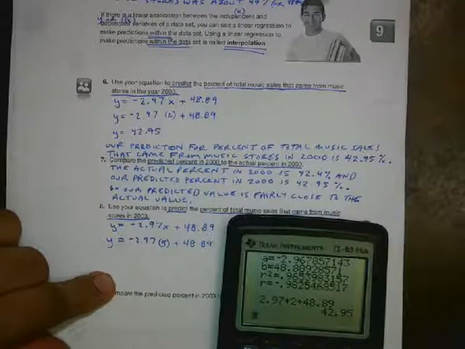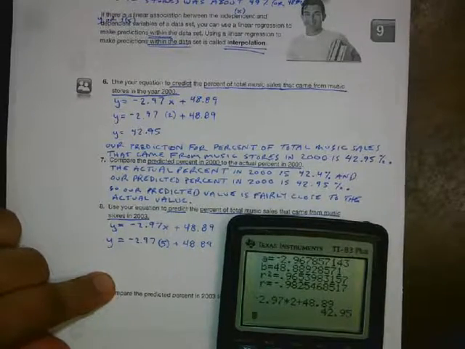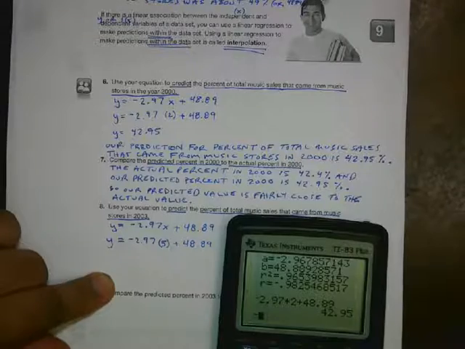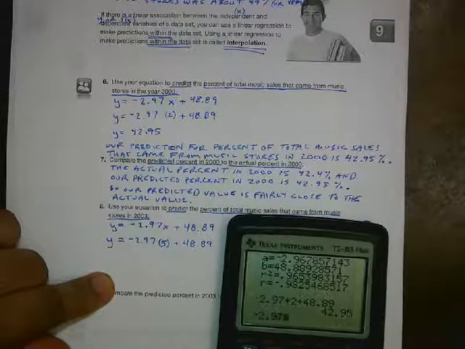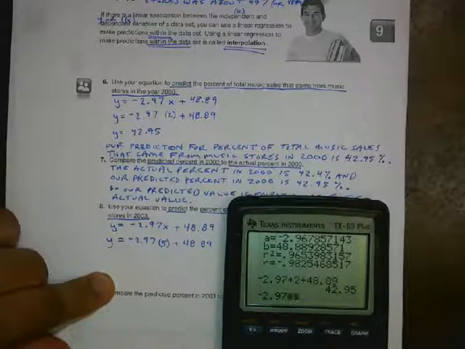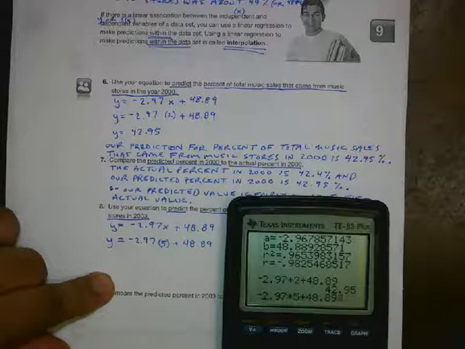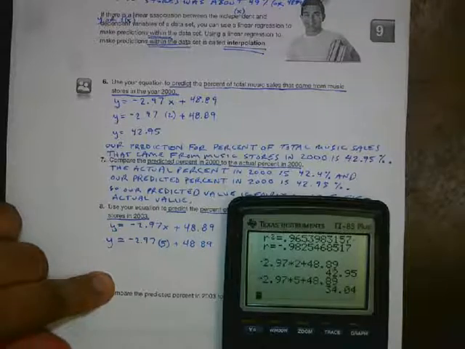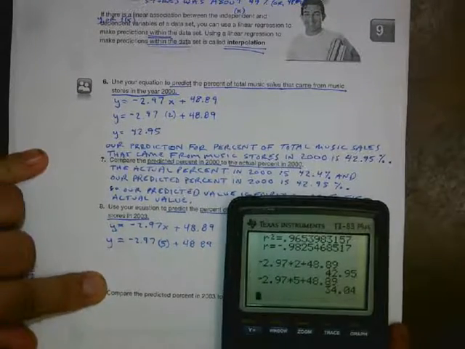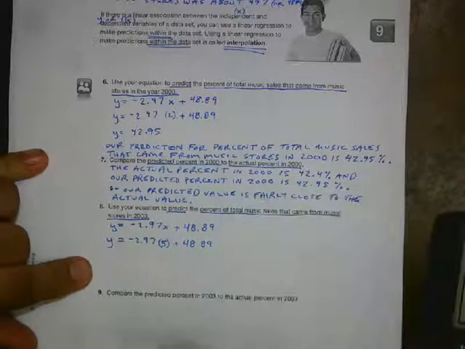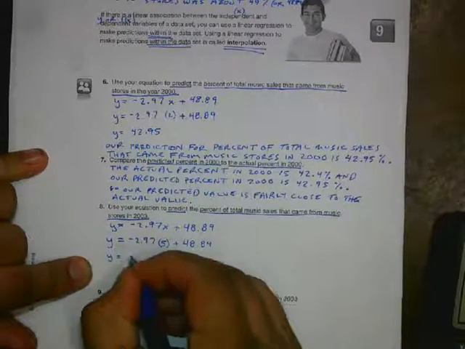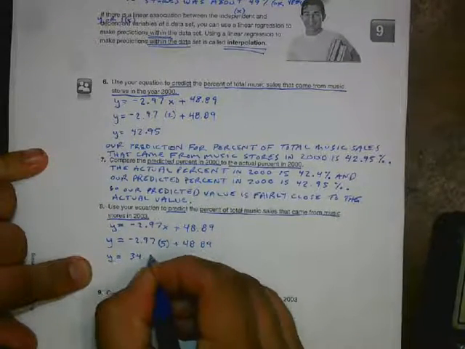So we're going to go negative 2.97 times, this time we're going to do a 5, plus 48.89, and we get 34.04%. So y equals 34.04.